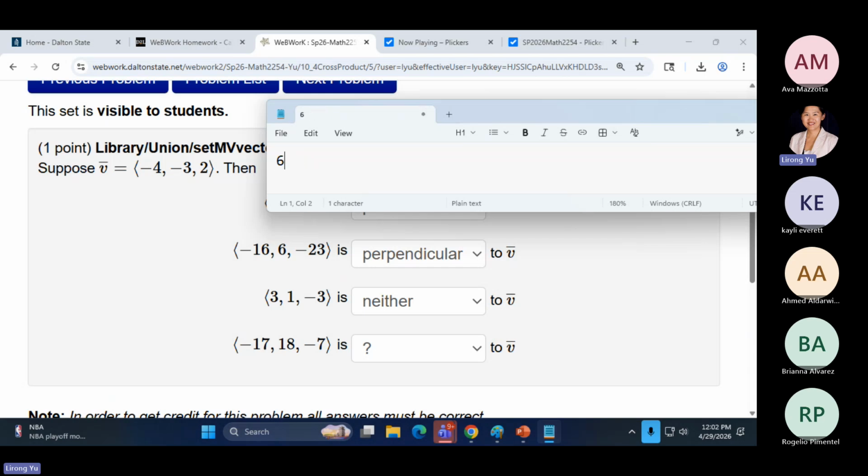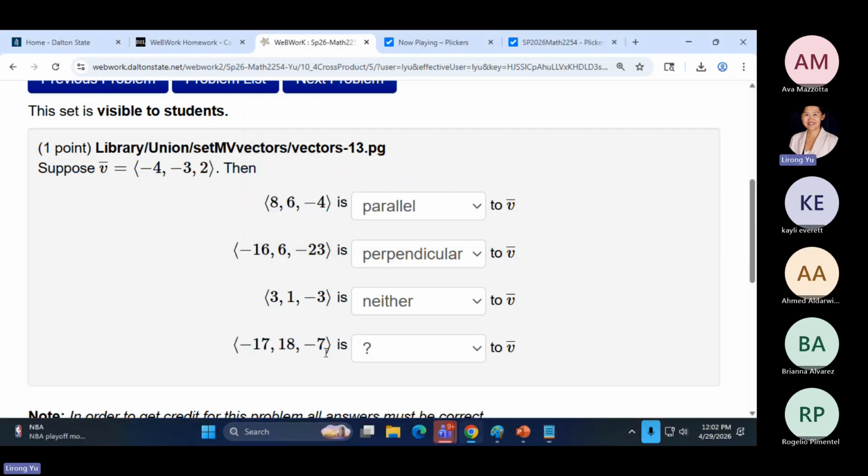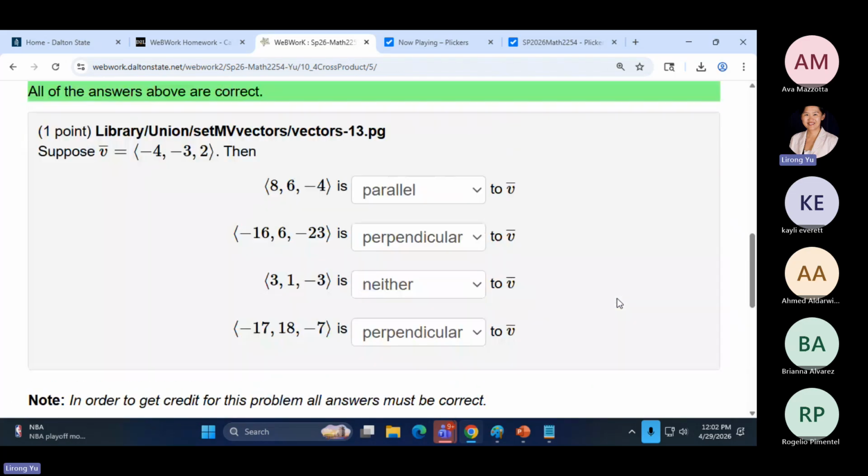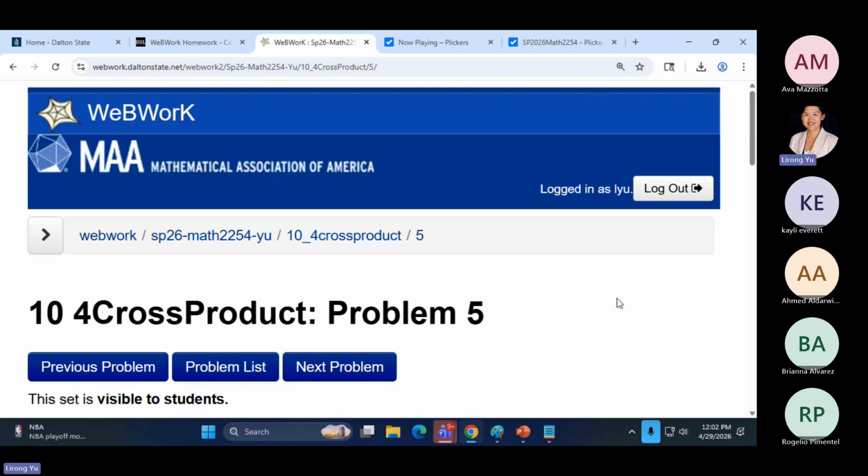So we have 68 minus 3 times 18, and then minus 14. Is that 0? What's 3 times 18? 54. So it is 0. Because the dot product equals 0, this is perpendicular, so that's the answer for question 5.